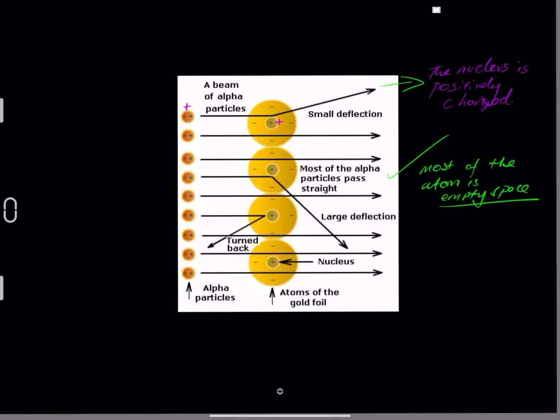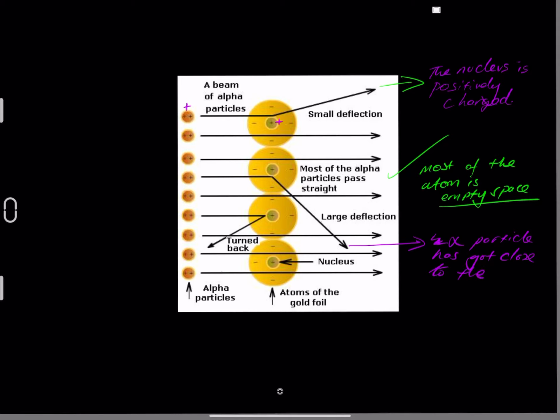Now, then you have a large deflection. This occurs when the alpha particle gets close to the nucleus. So the alpha particle has got close to the nucleus.